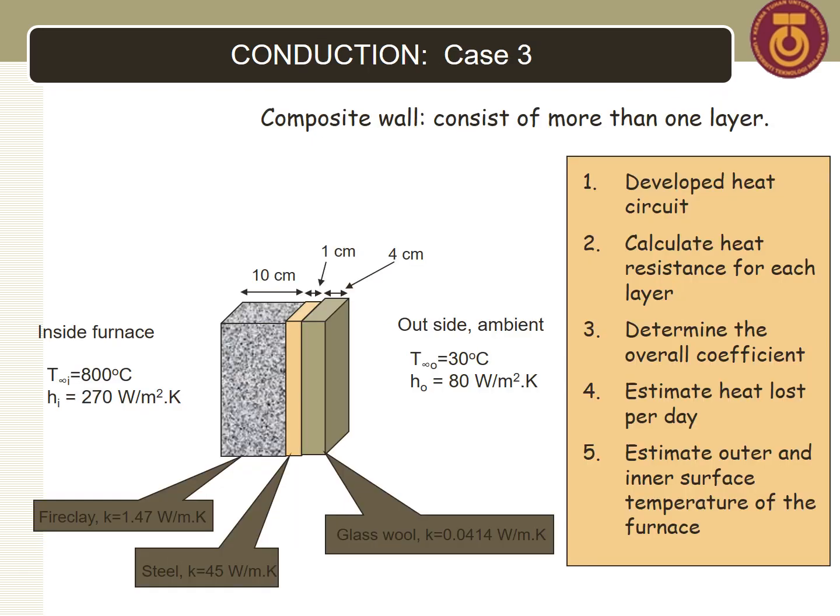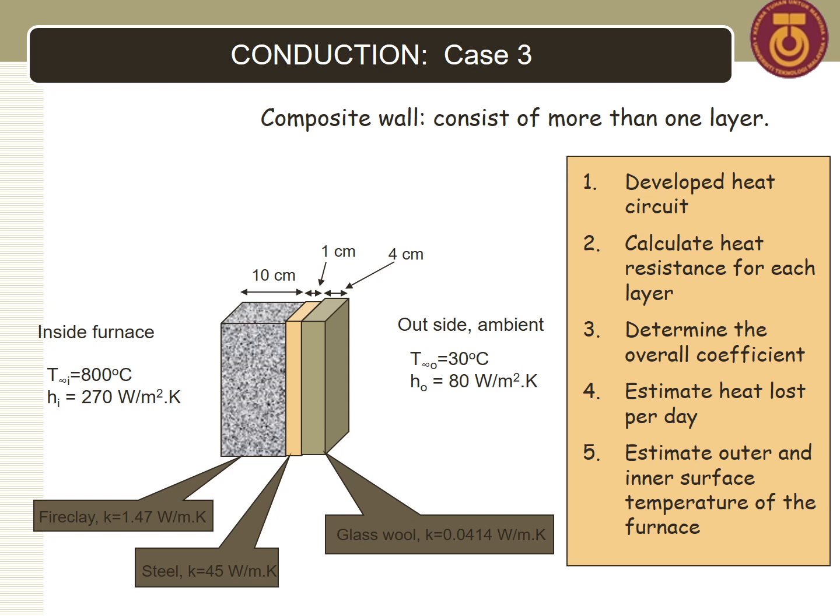I think we are ready to proceed to case number 3, deriving the equation for multi-layers. This is similar to what we have done for the circuit diagram. Let's look at this system. It's a composite wall consisting of 3 layers.